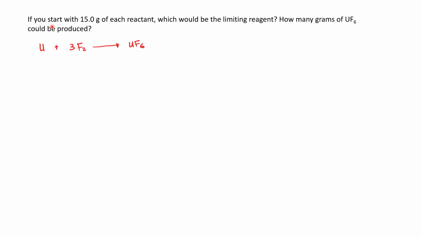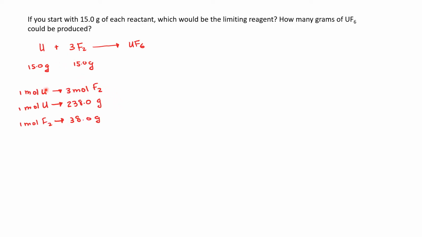If you start with 15 grams of each reactant, which would be the limiting reagent? So we start with 15 grams of each. And we know 1 mole of uranium reacts with 3 moles of fluorine. And these are the molar masses of uranium and fluorine respectively.